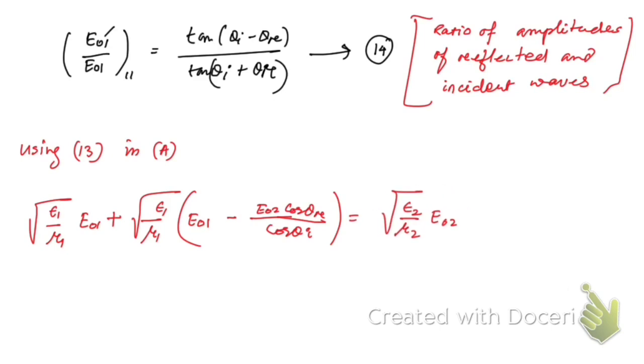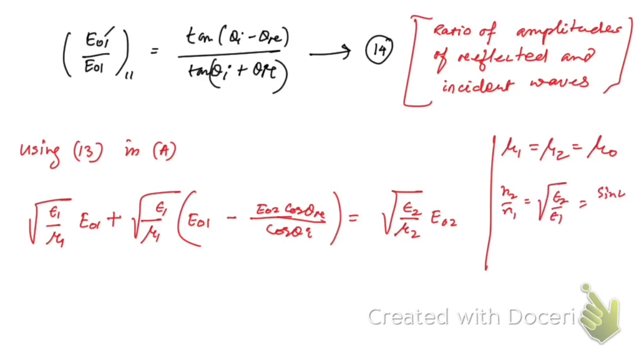Now again, if you simplify this and use those relations again, mu1 and mu2 are equal to mu naught, and n2 by n1 is equal to root over epsilon 2 by epsilon 1, which is equal to sine theta I by sine theta r.